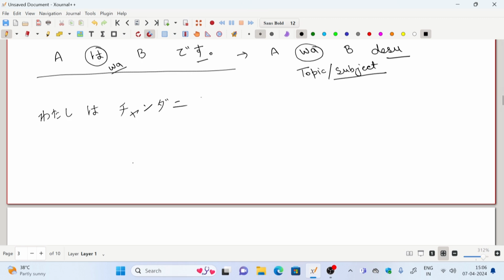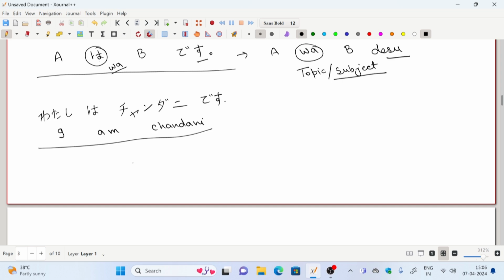Watashi wa Chandni desu. It means I am Chandni. So the first stage of Japanese sentence pattern is about recognizing things. What is this? Who are you? The answer will come in the form of A wa B desu.